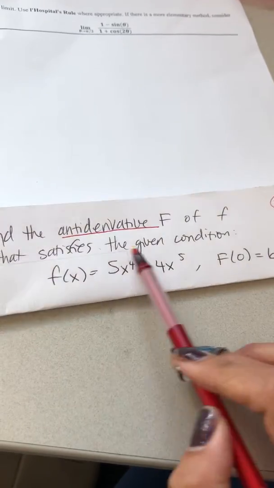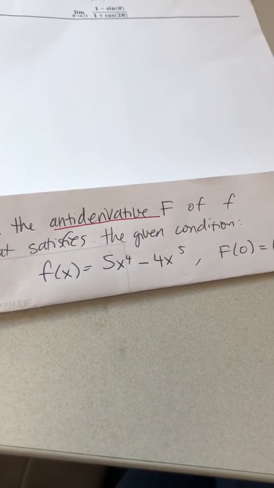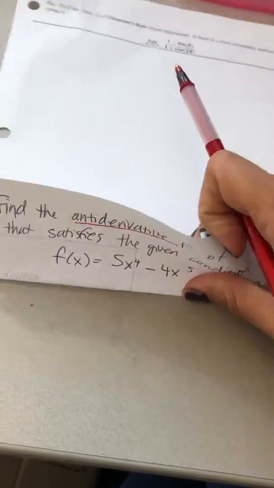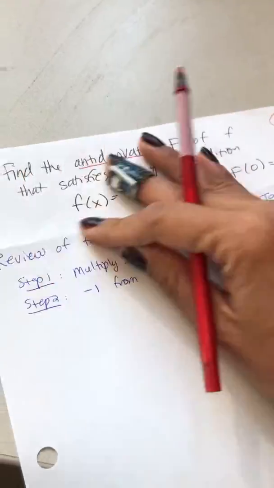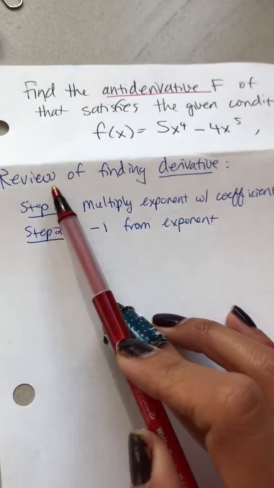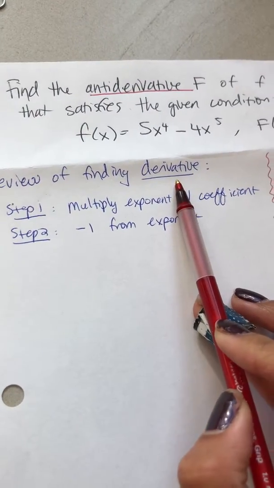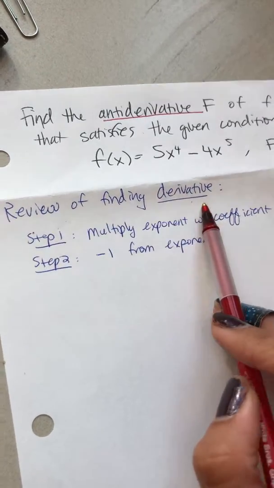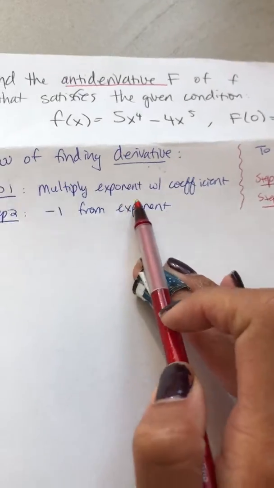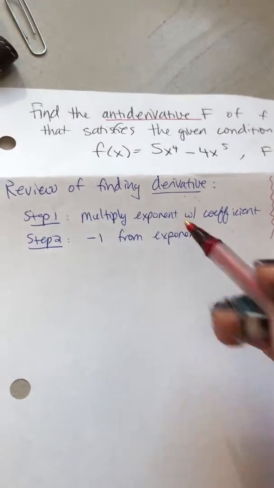First of all, I'm not sure how far along you are in your skill of finding the antiderivative, so I'm going to do a quick review. Before we do antiderivative, I'm going to review what a derivative is. You're probably really familiar with finding a derivative. Step one is to multiply the exponent with the coefficient, and then you subtract 1 from the exponent.